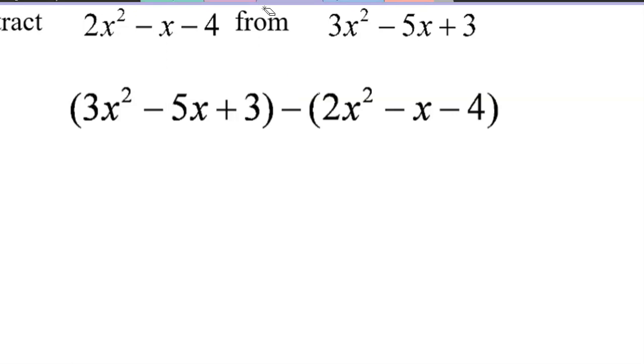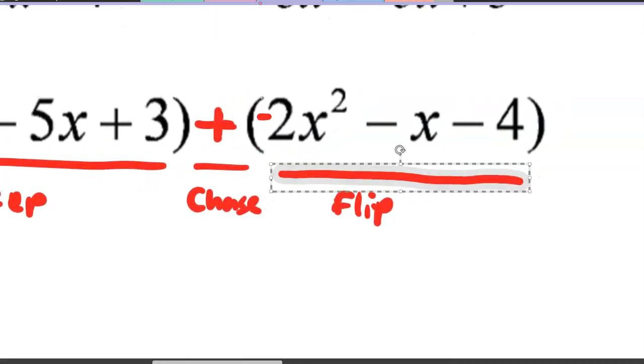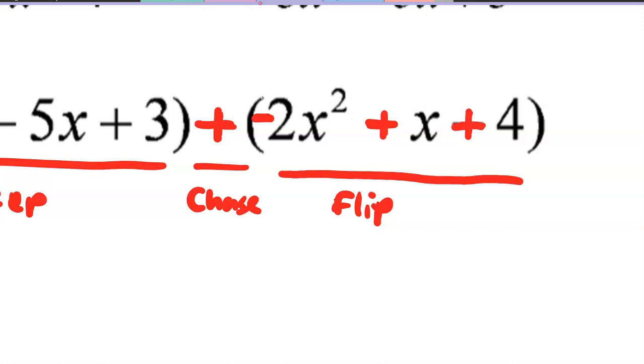So what we're going to do here is we're going to use that same idea of where we're going to keep, and then we're going to change this to be an addition problem. And then in this entire second polynomial, we are going to flip all the signs, meaning the 2x squared is now going to become a -2x squared. The negative x becomes a positive x, and the -4 becomes a positive 4.